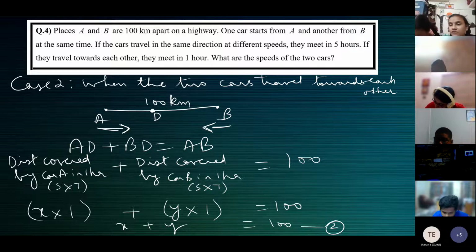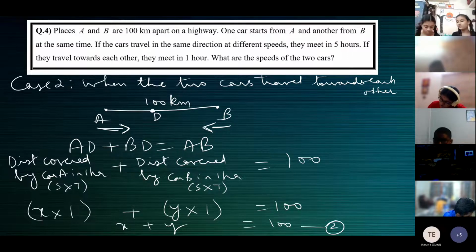Ma'am, x is equal to 60, y is equal to 40, ma'am.